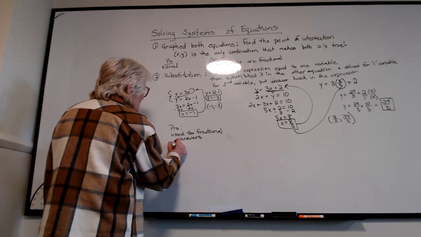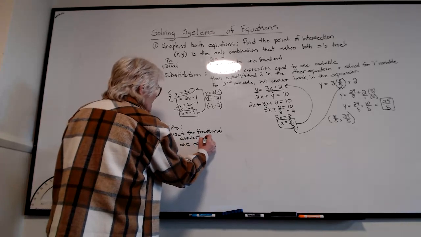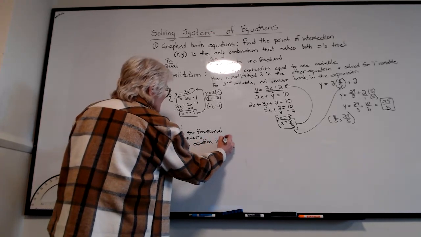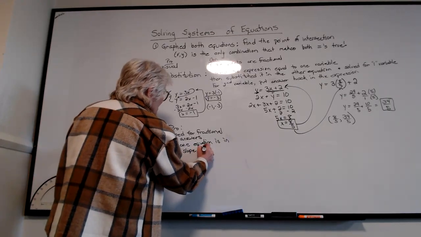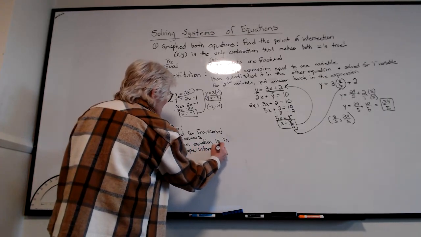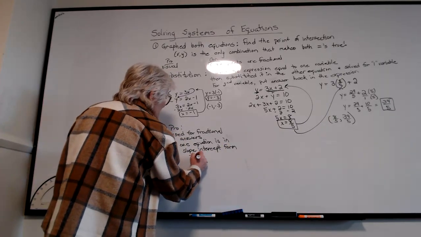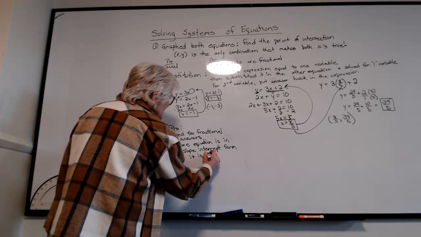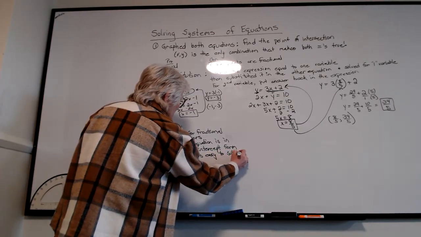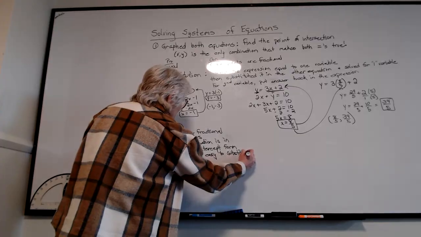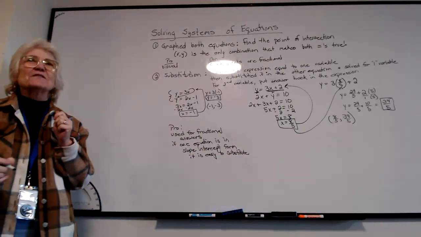So if one equation is in slope-intercept form, it is easy to substitute. But that leads to the problem, the con of this method.